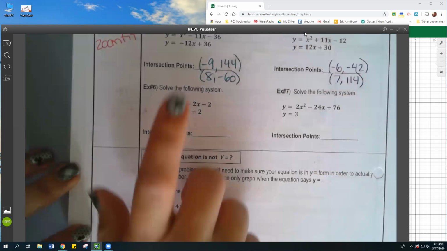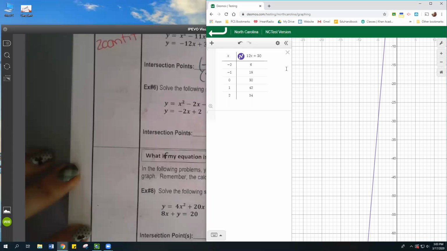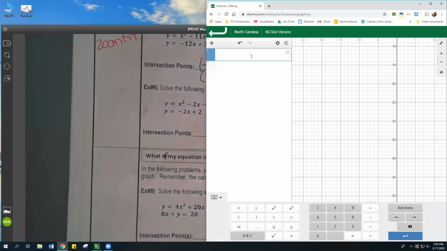Okay, so I am on number 6. I'm just going to X out of those so that I can type in a fresh new equation. So I've got y equals x squared minus 2x minus 2. And then my second equation is y equals negative 2x plus 2.